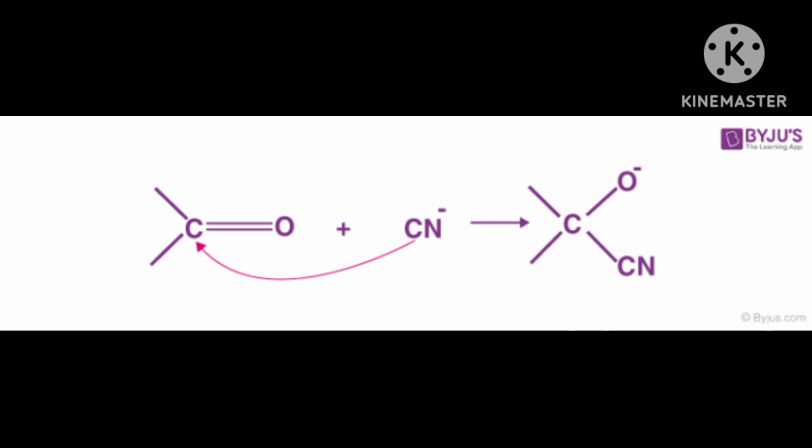Then when carbon number 1's double bond makes a bond with nitrogen, the N and O double bond will break. You have to show the curved arrow that this double bond will break, because nitrogen and carbon are making a double bond.